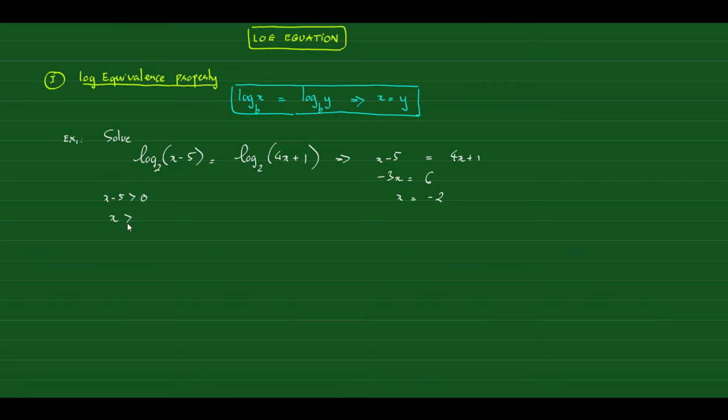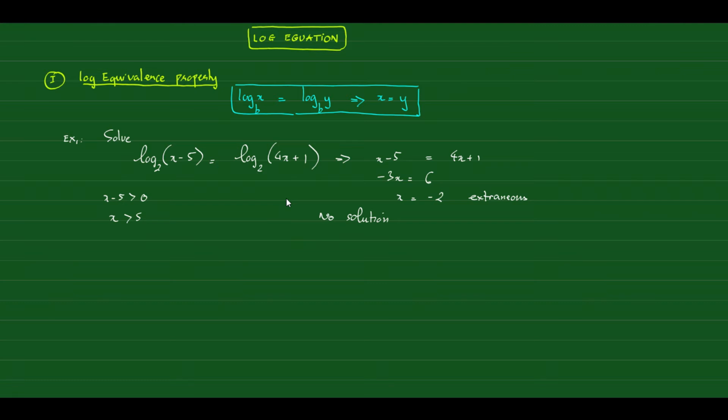So x must be greater than 5, and you see that our x is equal to negative 2. Even though we got an x value, this is not a solution. This is an extraneous solution. So the final conclusion for this equation would be no solution.